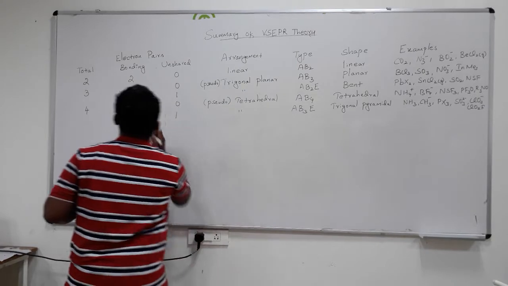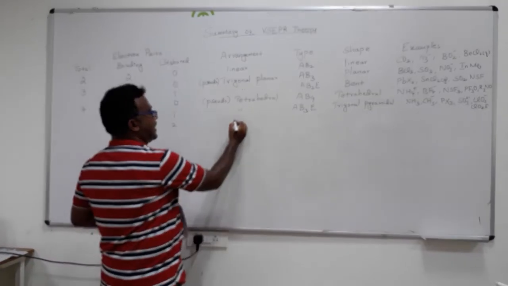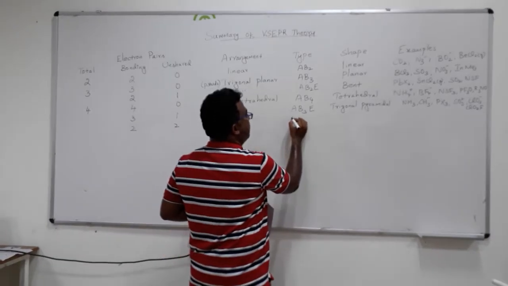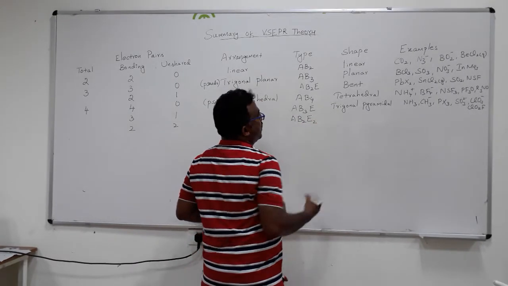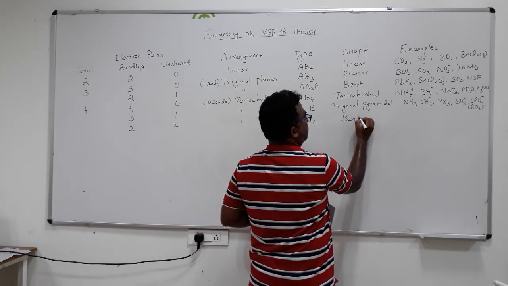Next, if you have 2 bonding electron pairs and 2 unshared electron pairs, again it comes under the arrangement of pseudo tetrahedral. The type of molecule is AB2E2 and the shape will be bent.